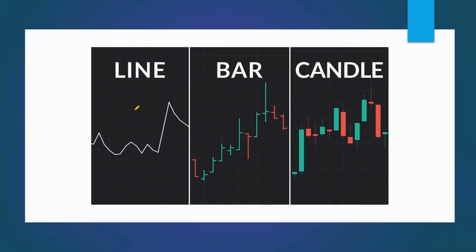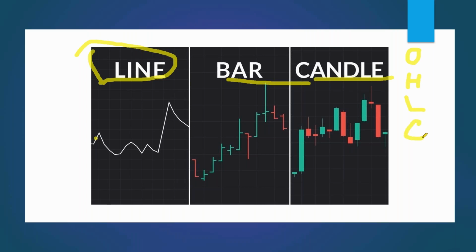So on this chart here, which is a line chart, I have very little choice on what I can do. What I see is just the dots connected. The bar chart and the candlestick chart use four of the same pieces of information: the open, the high, the low, and the close for whatever time segment you're looking at.